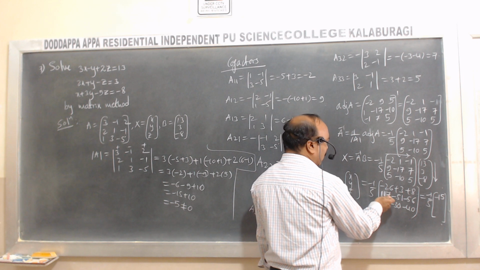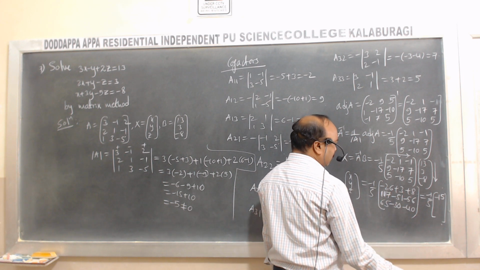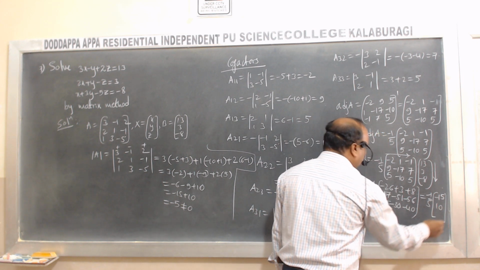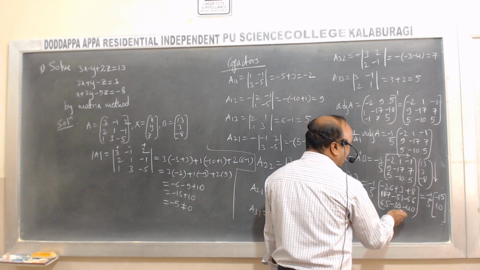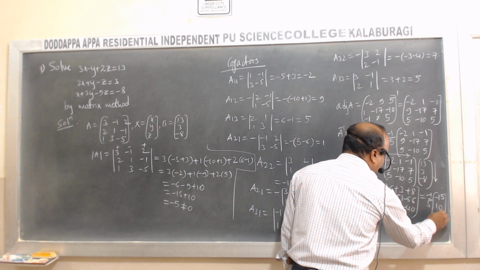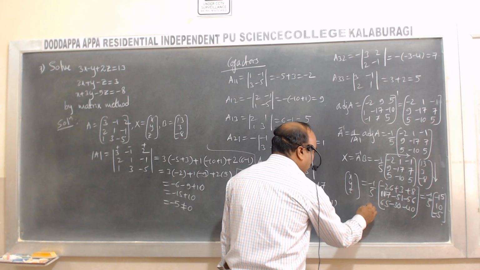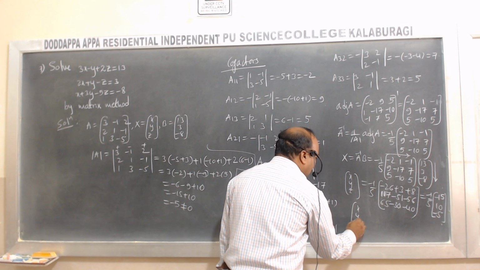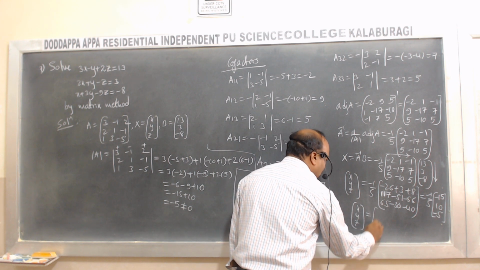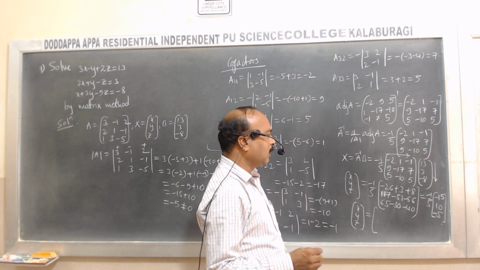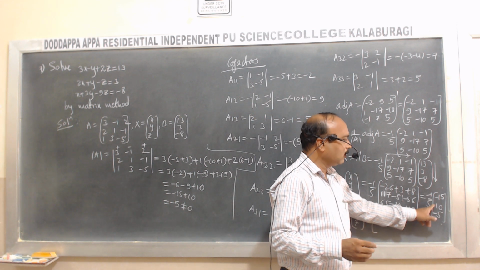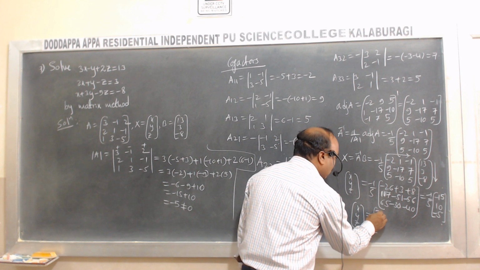So it is minus 117 minus 51 minus 56, it is 10. Now 65 minus 70 is minus 5. Now by dividing all the elements by minus 1 by 5, we get minus 1 by 5 into minus 15, it is 3.